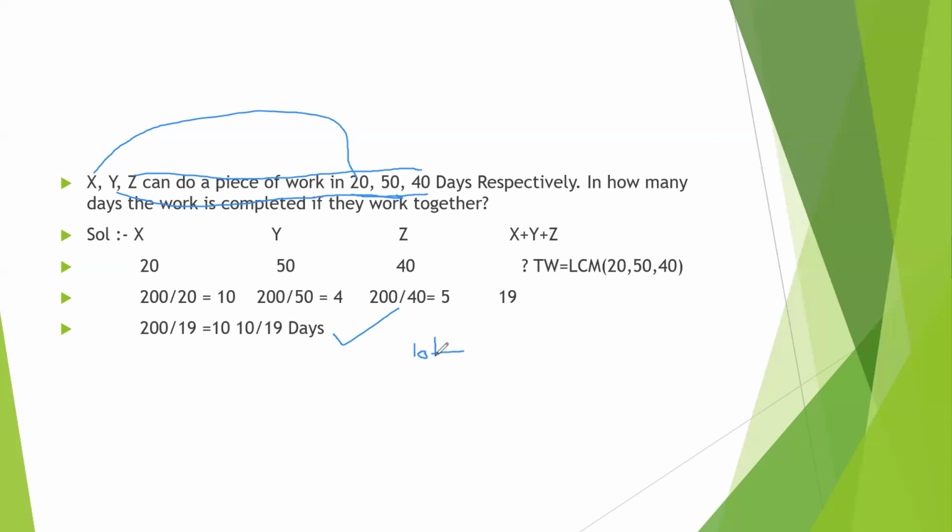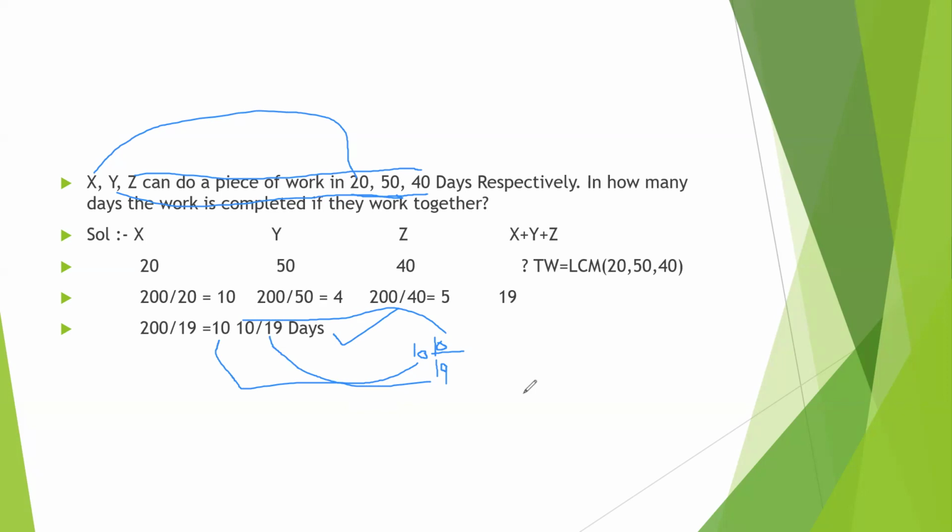Here, in a PPT we can write it that way, but normally we write 10 10/19. So if they work combined together, the work is completed in 10 10/19 days.